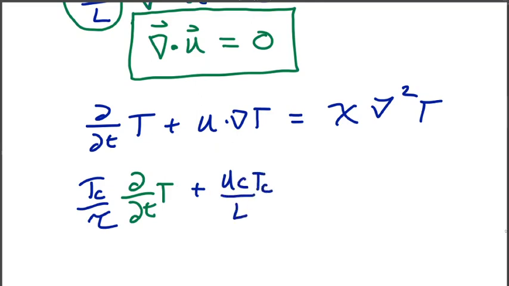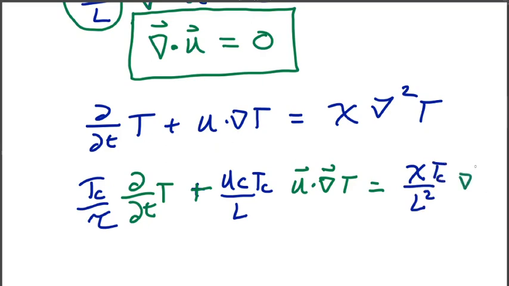Those are the dimensional bits of our u dot grad on T. And then we're going to have our dimensional diffusion coefficient, our dimensional length scale squared coming out of our Laplacian, and the characteristic temperature Tc times the Laplacian of T.